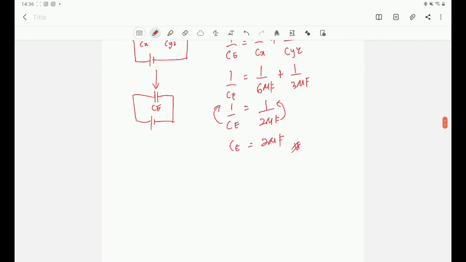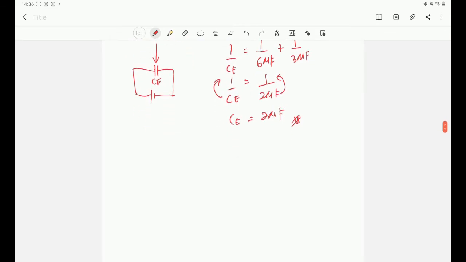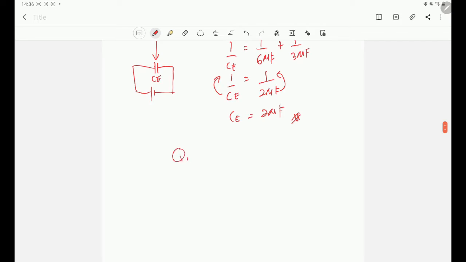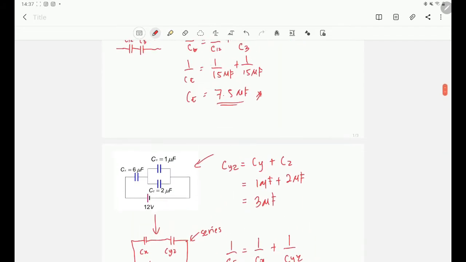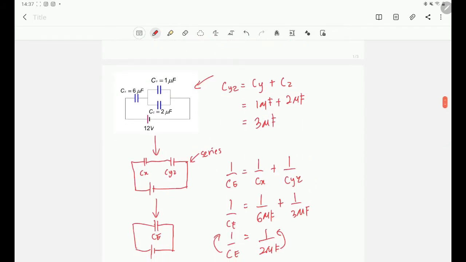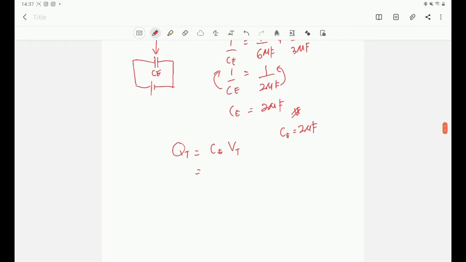Okay, so first thing first is you need to find the Q total, charge total. So Q total is equals to C effective times by V total. So right now we have known the C effective is equals to 2 microfarad and also we know that total potential is 12 volt.